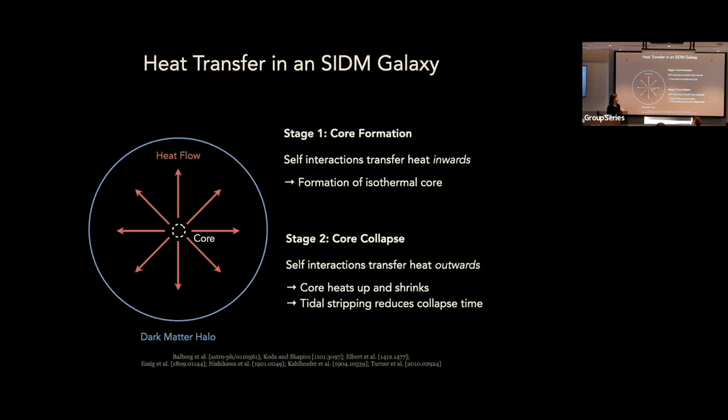However, for dwarf galaxies that are in the process of being tidally disrupted because they're falling into another galaxy, that tidal stripping actually accelerates this. So for dwarf galaxies that are in this process of being tidally disrupted, you do actually have a chance of forming these cores, core collapse and getting these peaks in the center of the dwarf.